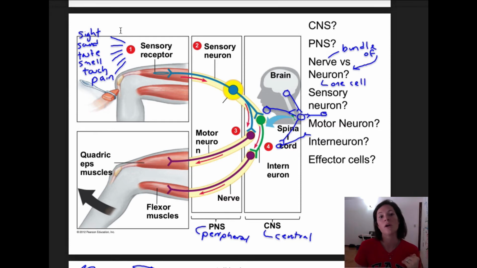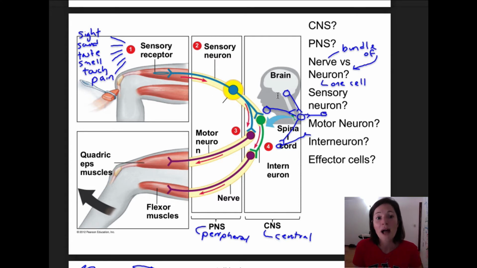It makes sense that a lot of the information coming to your brain is coming from your senses: your eyes, the inside of your ear, where there's a super cool way that we perceive sound, taste receptors, smell receptors, touch or pressure receptors, pain receptors. Your brain gets all this information from these sensory neurons.